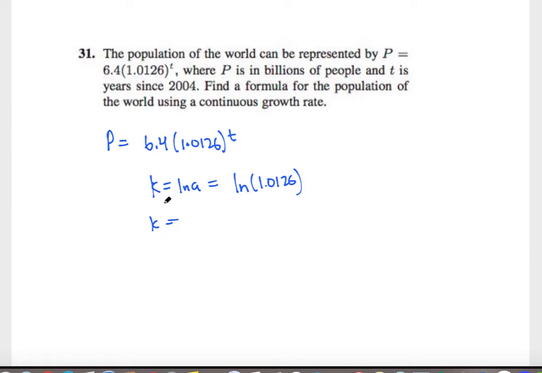So take this, plug it into our calculator, and we get a k value of 0.01252. And so we'll rewrite this, same initial population, 6.4, times e raised to the k, which is 0.01252, times t.